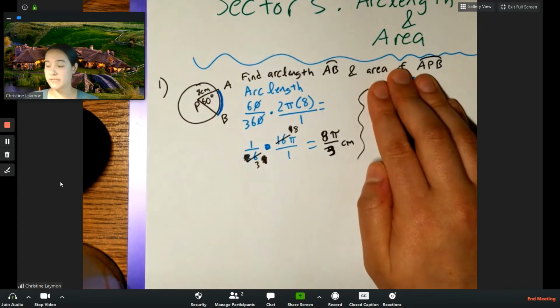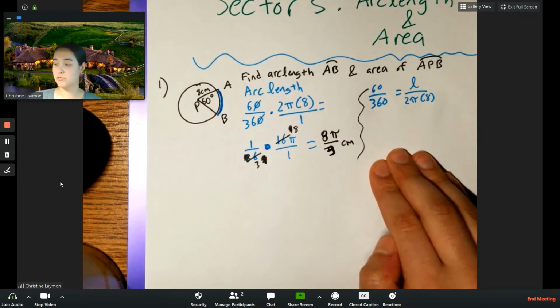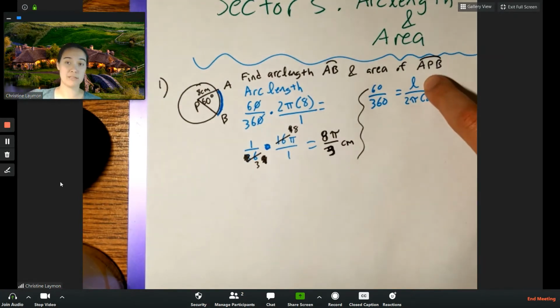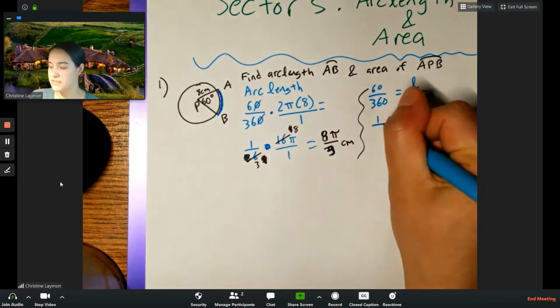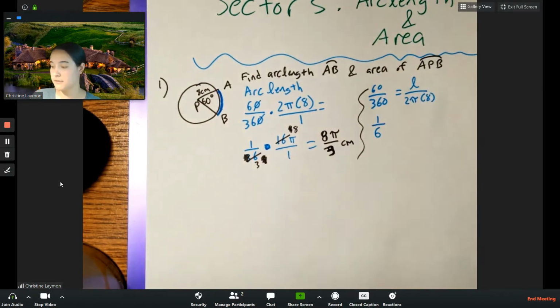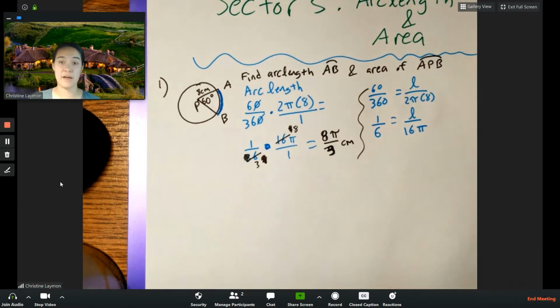So that's the multiplication method. I can do the same thing using the ratio method. So I have 60 over 360 equals our unknown arc length, L, over 2 pi r. Now we already know 60 over 360 is the same thing as 1 over 6. And on this side, L over 16 pi.